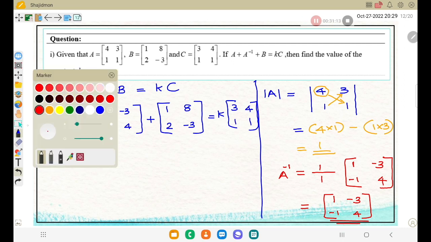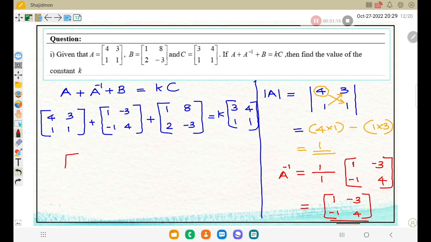Now we can simplify. First numbers add: 4 plus 1 plus 1, that means 6. Second numbers add: 3 plus minus 3 plus 8 means 8. Third numbers add: 1 plus minus 1 plus 2 means 2.